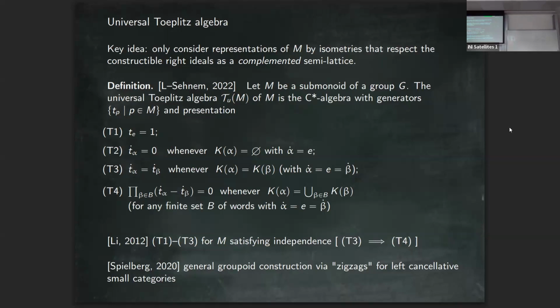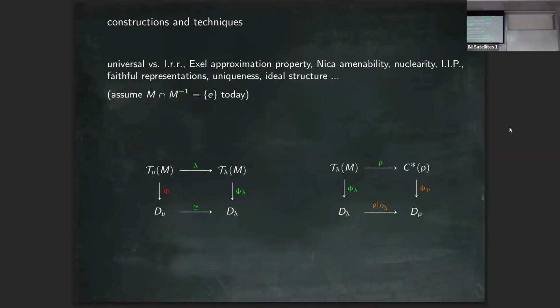And I should say also that Li has a more general construction, which is a groupoid using zigzags, which are somehow paraphrasing the constructible right ideals. And the word for left cancellative is small categories, and the C-star algebra can be proved to be equal to the one that is presented here.